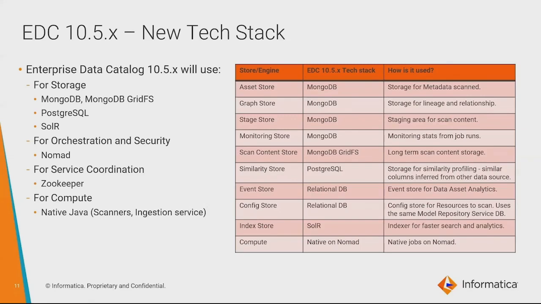MongoDB is the main storage for all the metadata assets extracted from data sources, and the lineage and relationships derived from the extracted metadata. MongoDB also acts as the staging area for the content scanned, and as a monitoring store for jobs submitted in the Nomad cluster. It also maintains the long-term scan content in its grid file system.